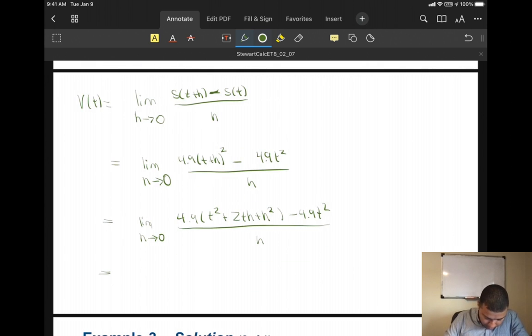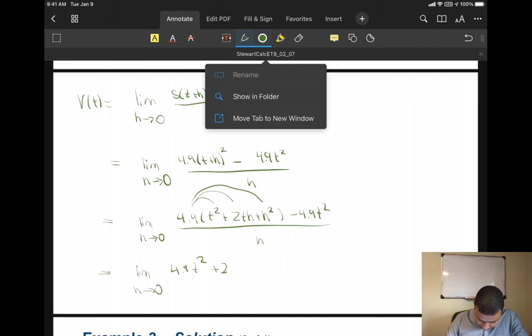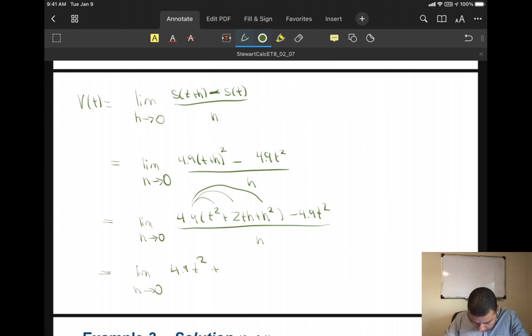I'll need another page for that. So distributive property, plus 2th, not 2, right? 4.9 times 2, so 9.8 th plus 4.9 h squared. Sorry again. 4.9 t h squared minus 4.9 t squared. So it's a little bit more complicated because I don't have a 5 to replace as t.